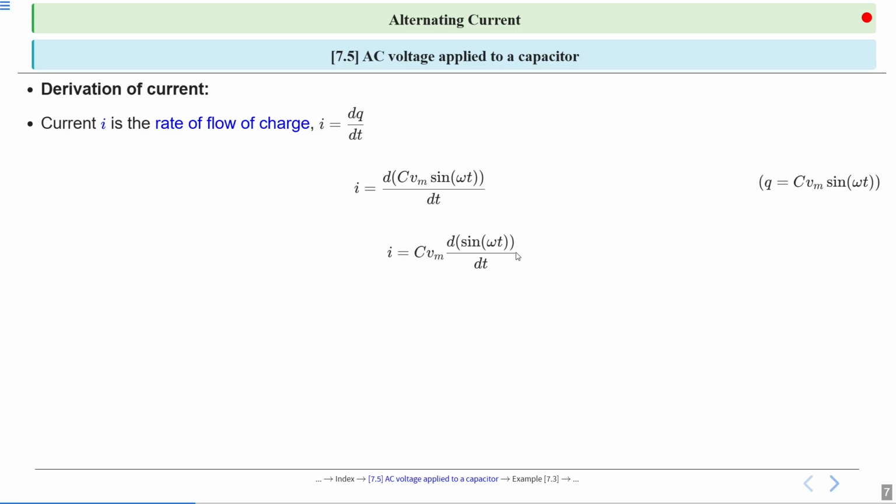Cos omega t, and according to the chain rule, omega t will again be differentiated and multiplied by the result. So it will be multiplied by omega, and it comes out to be omega C Vm cos omega t. This is the expression for I. Now we will solve it further. This is the intermediate result for the current.